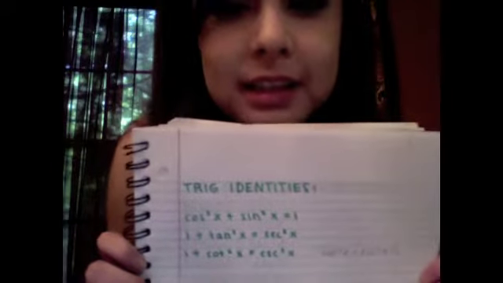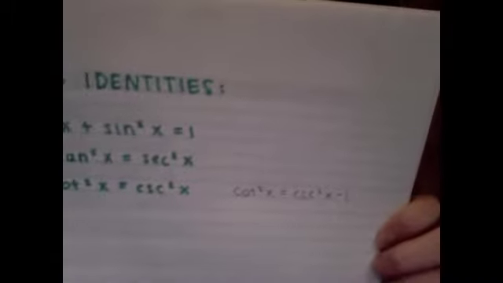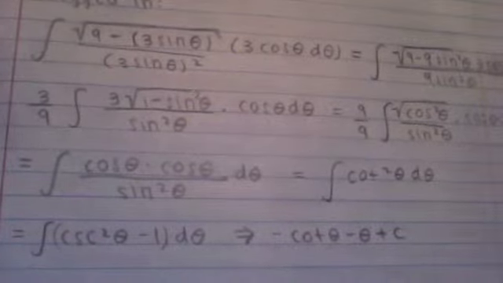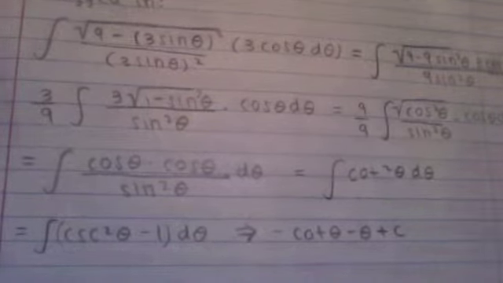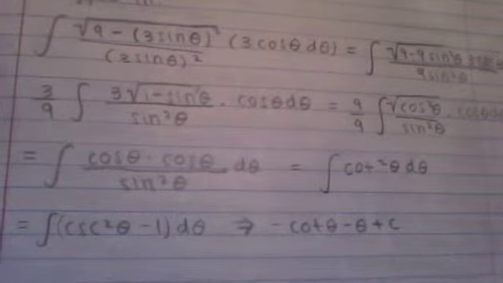And if we go back to this again, we can see that cotangent squared can be cosecant squared minus 1. So using that identity, we get the integral of cosecant squared theta minus 1 d theta. And using your knowledge of integrals, you get negative cotangent theta minus theta plus c.